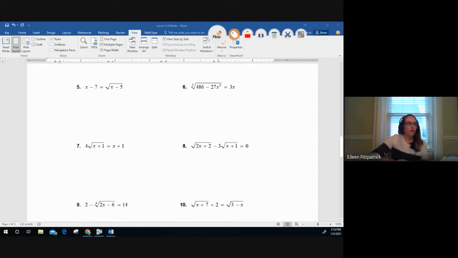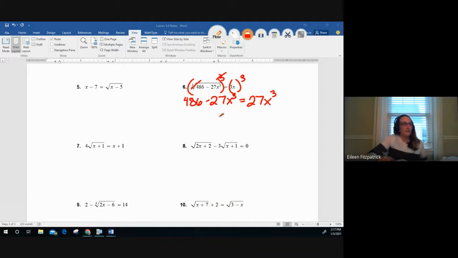Okay, I'm going to cube both sides to start because there's nothing outside of the radical that needs to be moved over first. So I have 486 minus 27x cubed is equal to, I can't do math in my head, 27, oh my goodness, 27x cubed. There we go. I'm going to add the 27x cubed to the other side.